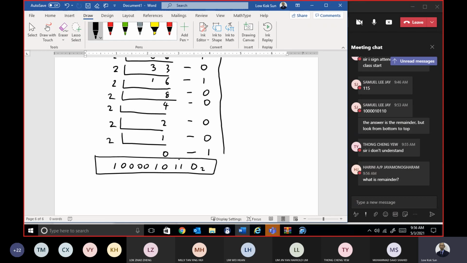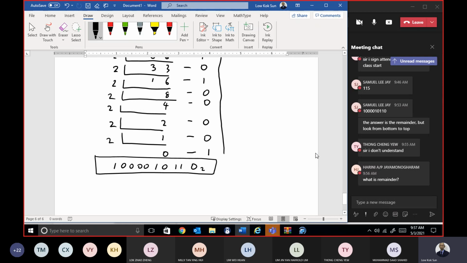You understand? So we have to divide carefully. Even though they want system change to system 5, system 5 has no use in computer application, but just for fun, you can change to system 5 by dividing by 5 and do the same thing.